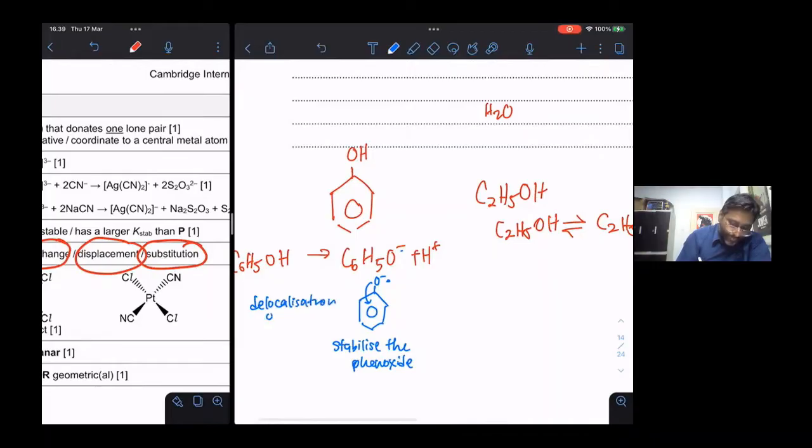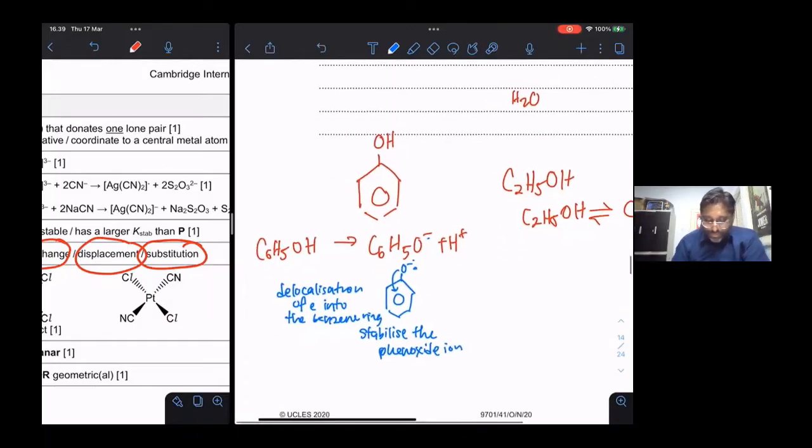You can write in full: delocalization of the lone pair of electrons from the O- of the phenoxide ion into the benzene ring stabilizes the phenoxide ion, making this reaction form more. So it's going to form more because it's more stable. In that process, you are going to get more H+.